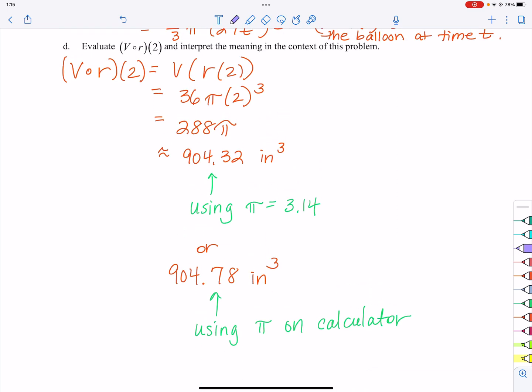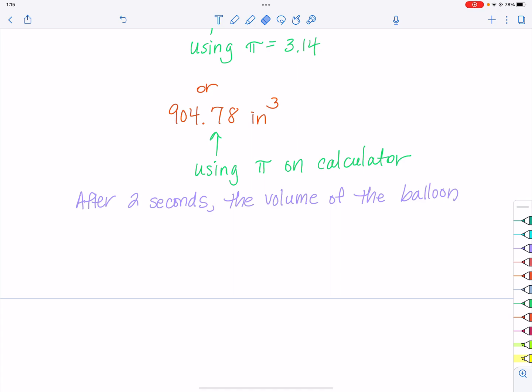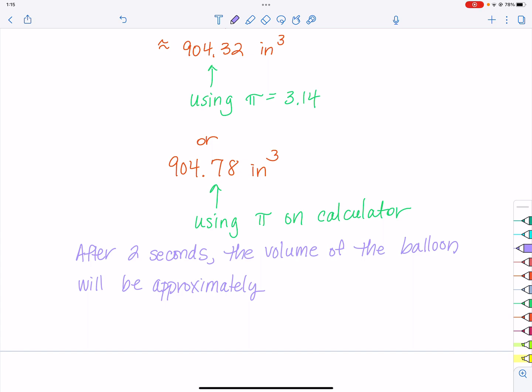And basically, this says that after 2 seconds, the volume of the balloon will be approximately 904.32, we can just use that original one, 904.32 cubic inches. And that concludes this section.